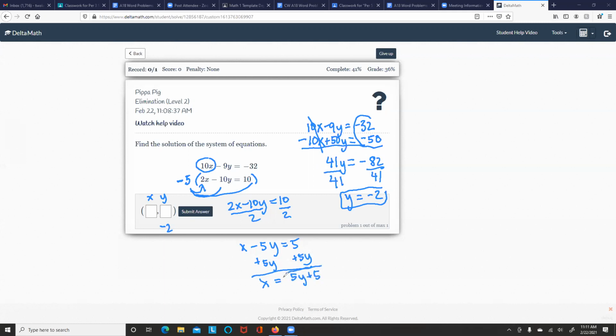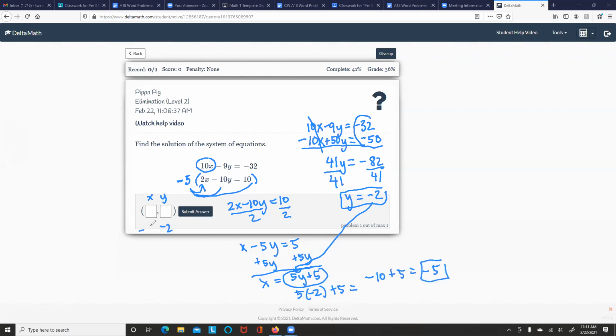Now I can solve for x by plugging in -2 into here. I get 5 times -2 plus 5. Well, 5 times -2, that's -10, plus 5, which is -5.